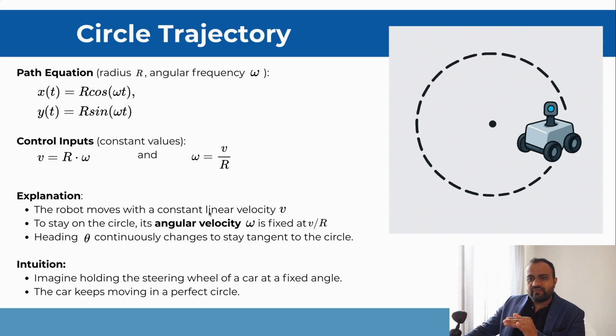The robot will move at a constant linear velocity, and to stay on the circle, its angular velocity omega is fixed, and the heading theta continuously changes to stay tangent to the circle. How can you imagine this? Imagine holding the steering of a car at a fixed angle, and the car keeps moving in a perfect circle. So that's how you can think.